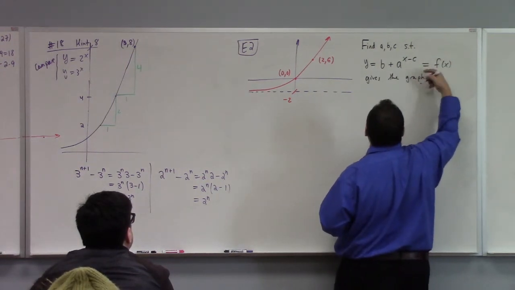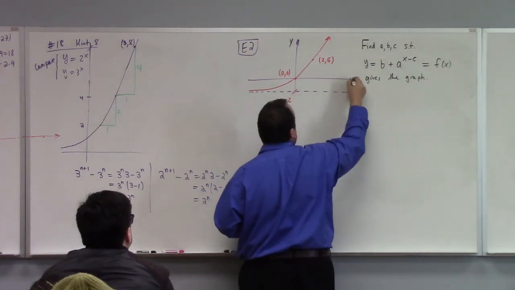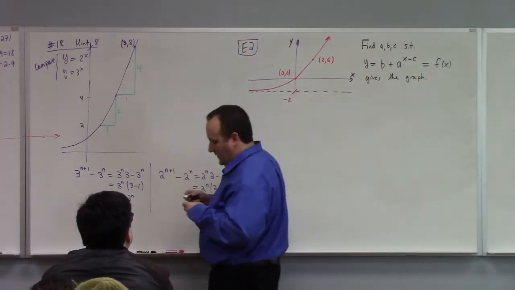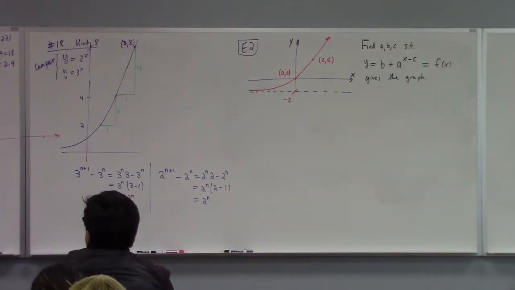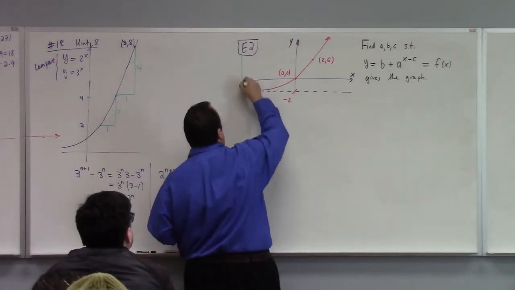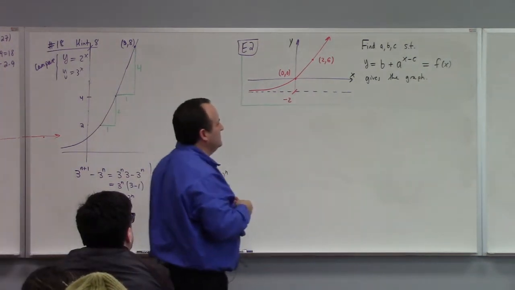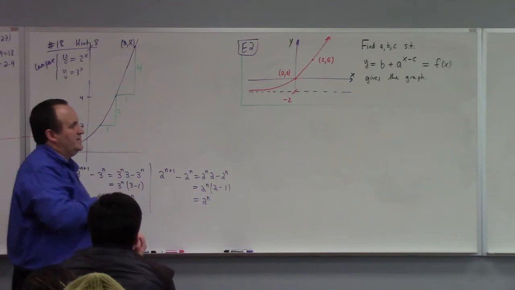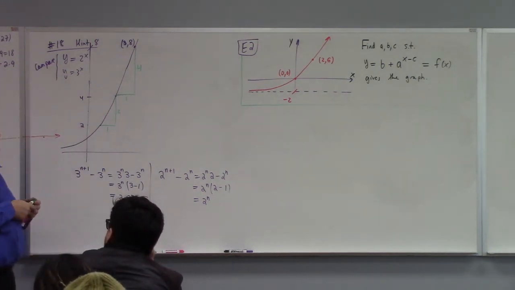I'm trying to find a function which has that as its graph. Now, I think the answer is unique. I haven't thought too hard about that, but I know that there is an answer. Is this the only answer? I think so. I'm not 100% sure. I'm about 95% sure.